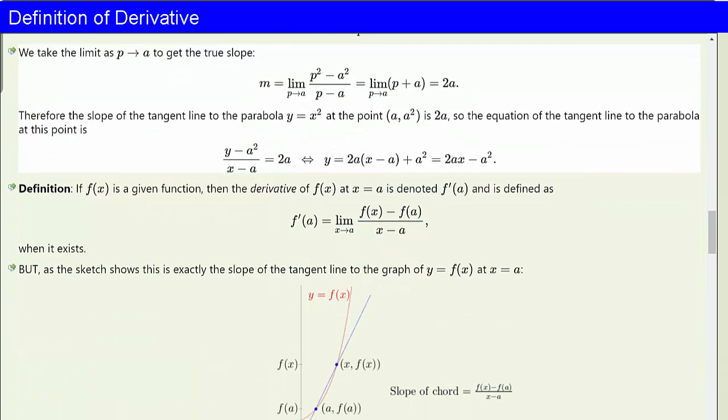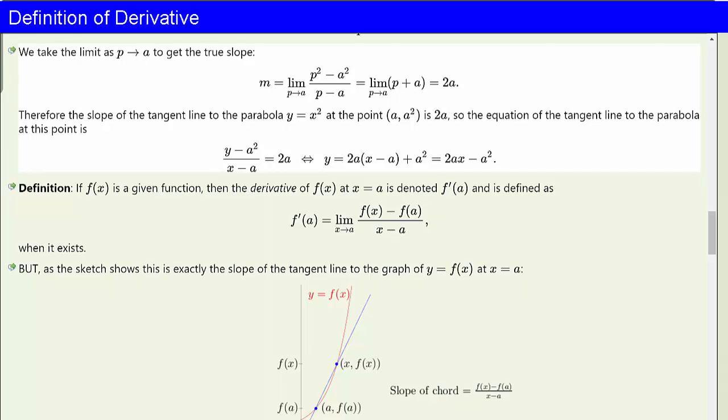We take the limit as p tends to a to get the true slope. m is the limit as p goes to a of p squared minus a squared divided by p minus a. And again we factor, and the limit is 2a.